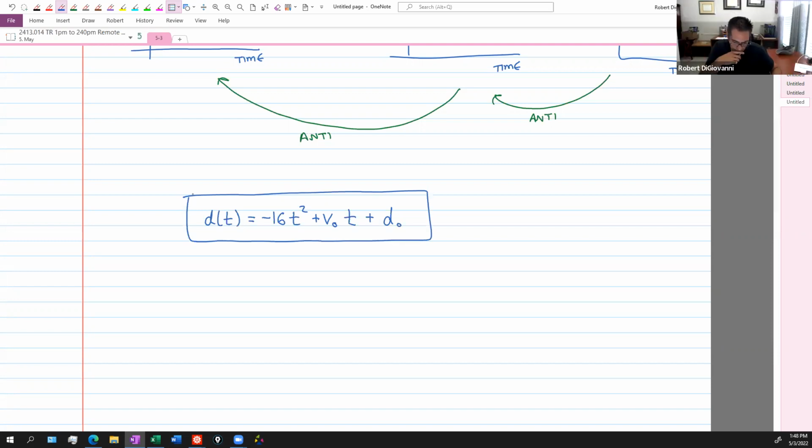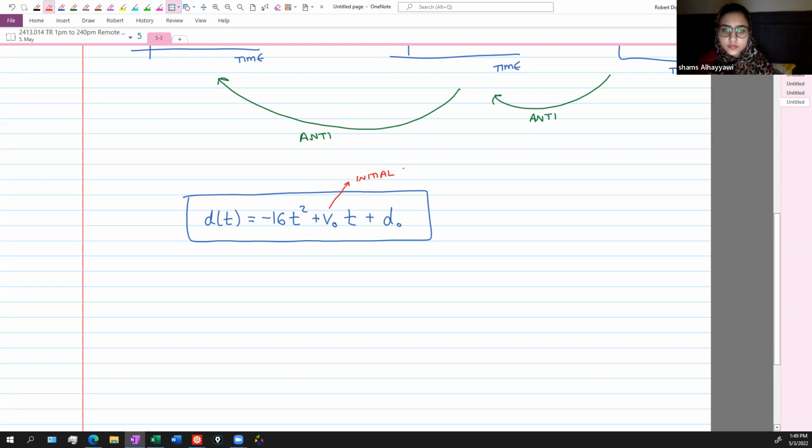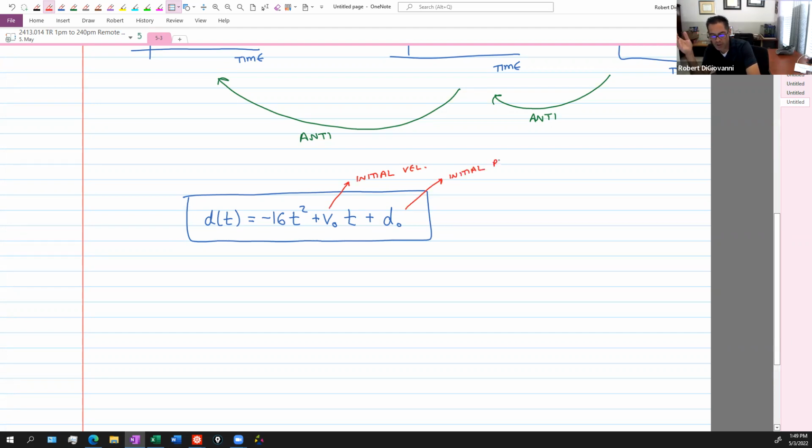I've seen it in physics where the V0 is the initial velocity and initial distance. Yeah, that's right. So this is your initial, meaning starting velocity, and this means initial or starting position or distance.